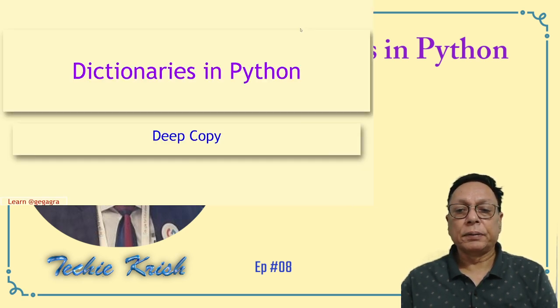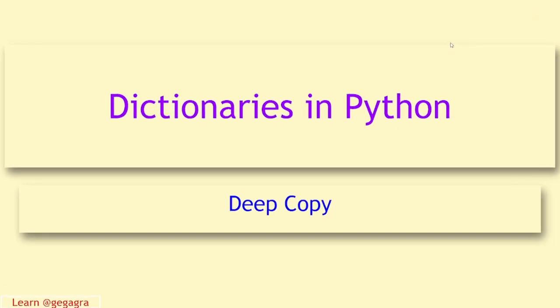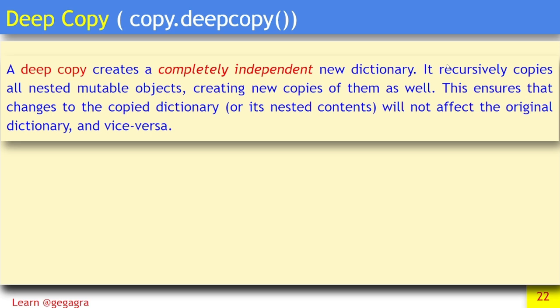So see here. What is the deep copy? A deep copy creates a completely independent new dictionary. It recursively copies all nested mutable objects, creating new copies of them as well.